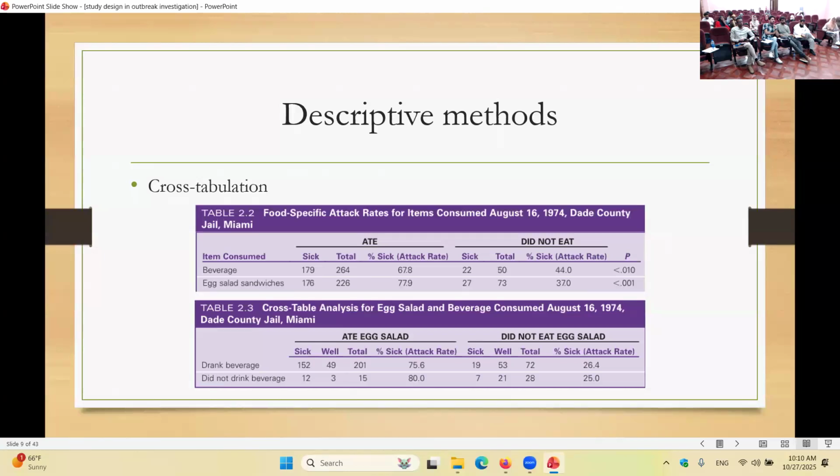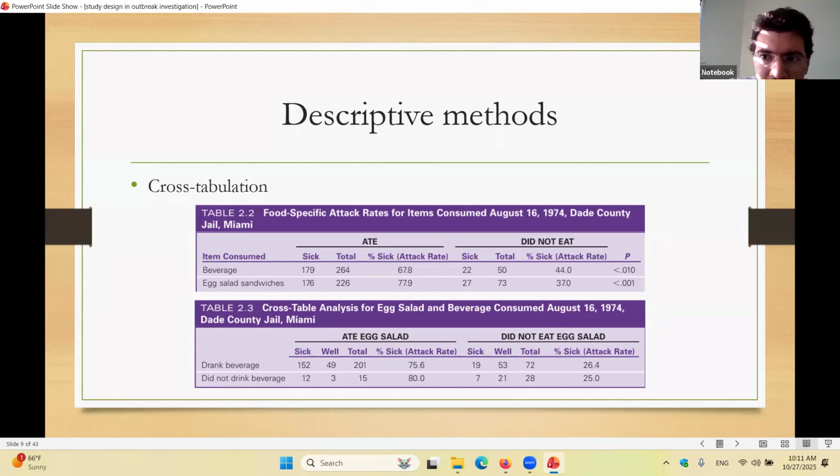So I want you to explain what could explain the cases seen in people who did not eat the egg salad. Because if we are saying that the egg salad caused what we are seeing, I would expect the percentage on the other side to be 0 or close to 0, so we can speak with certainty.